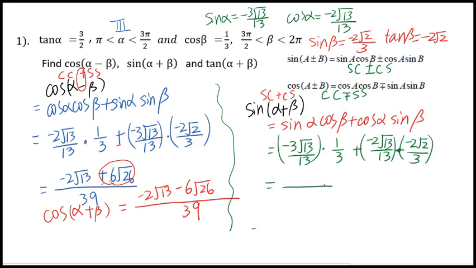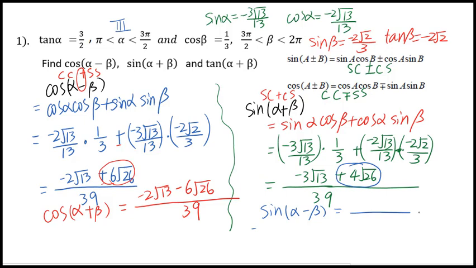Your denominator will be 39. -3 square root of 13, negative times negative will be a positive 4 square root of 26. And you can also figure out the sine alpha minus beta. You will only change this sign. So equals over 39, -3 square root of 13 minus 4 square root of 26.